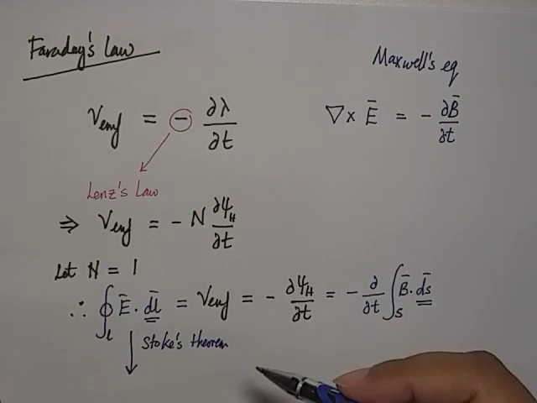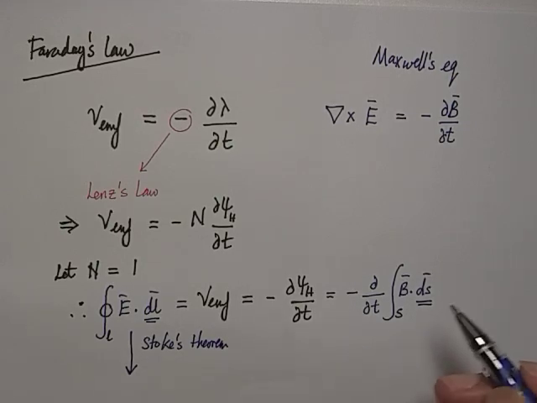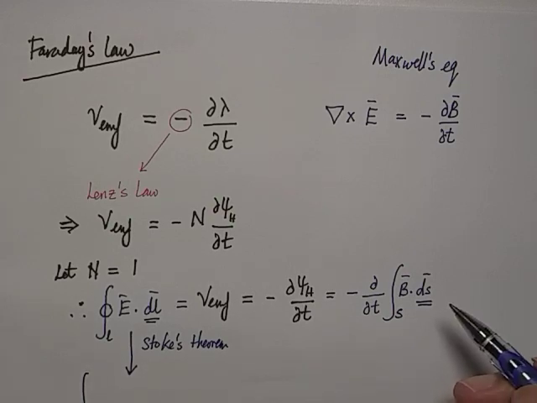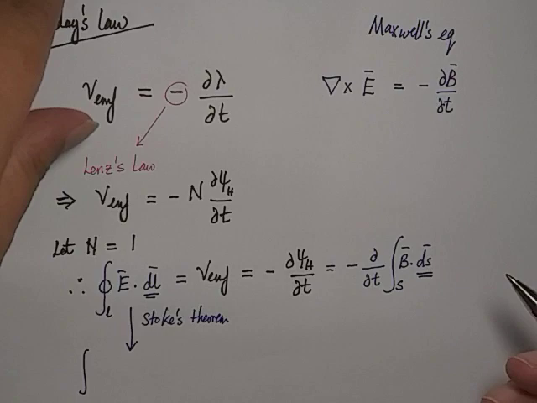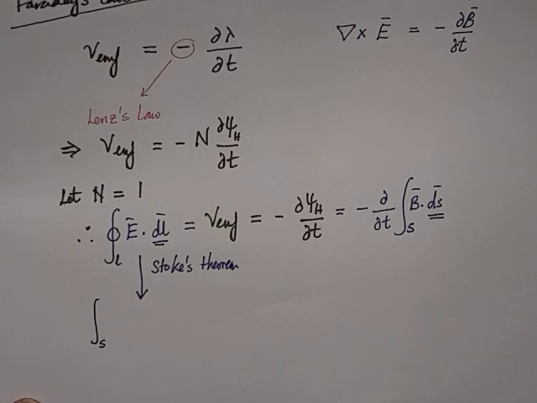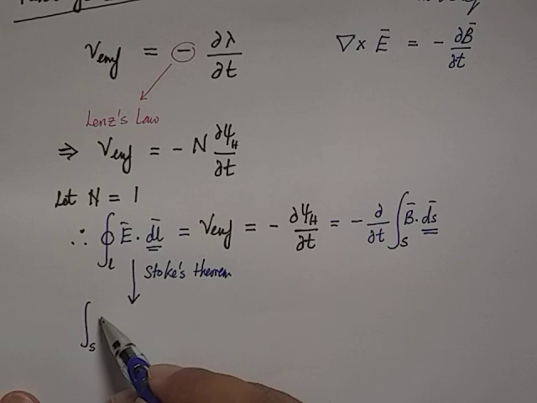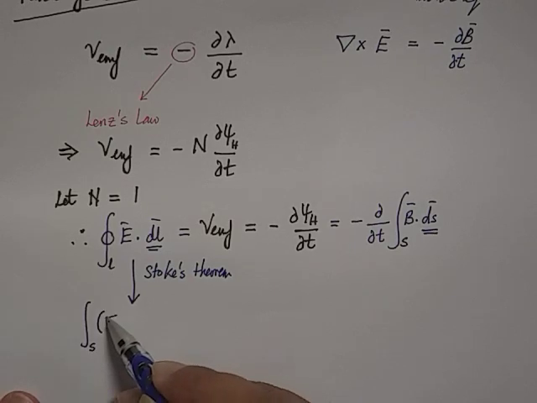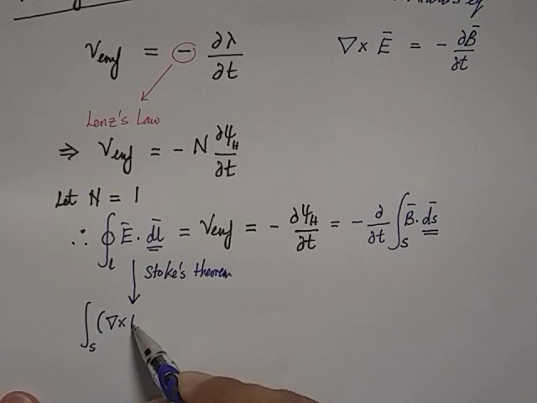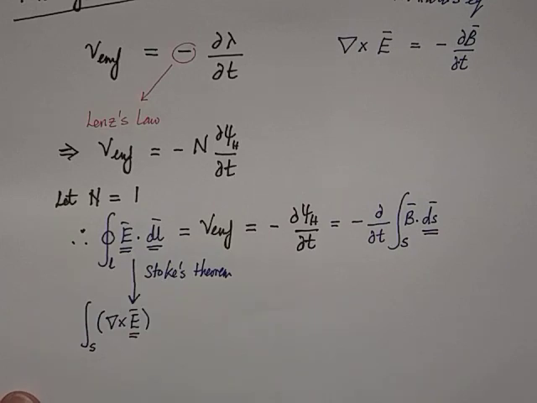I've talked about Stokes' theorem in my discussion of curl of H equal to J. Remember that part of the discussion. By using Stokes' theorem, I can now have my equation with respect to surface. We are converting from line to surface. Stokes' theorem says that we have to take the curl of E, because we are referring to the E symbol here.